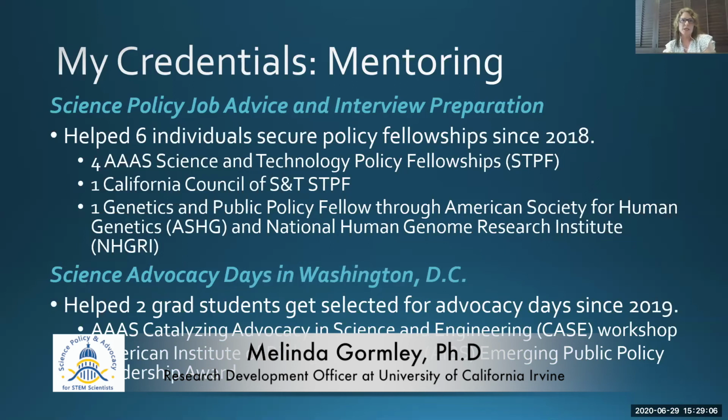Since 2018, I've helped 6 individuals secure a policy fellowship. 4 of those are AAAS Science and Technology Policy Fellows. 1 went to the California Council on Science and Technology, whose fellowship is modeled on the AAAS one, is in Sacramento, and deals with California issues. And 1 went to the Genetics and Public Policy Fellowship, which is through both the American Society of Human Genetics and the National Human Genome Research Institute at NIH.